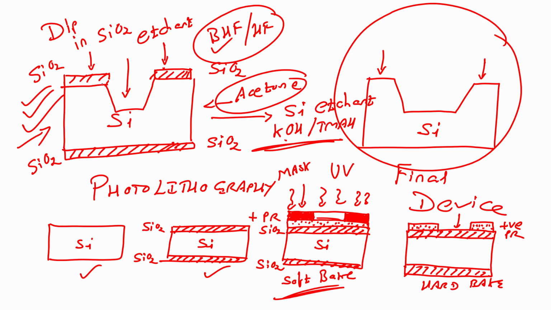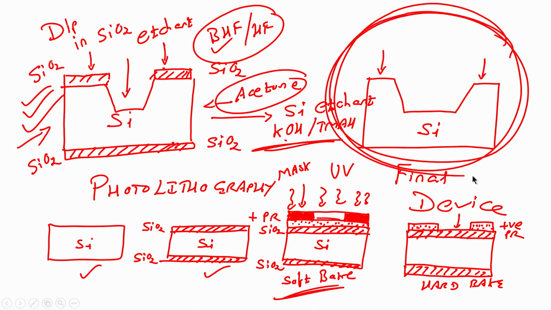So, this means that silicon dioxide is acting as a mask for etching when we are going to etch silicon. And once we are done, we can dip this wafer in BHF to achieve what we want here. Again, a detailed photolithography process is shown in my earlier courses. If you want, you can go through those videos and you will know it.